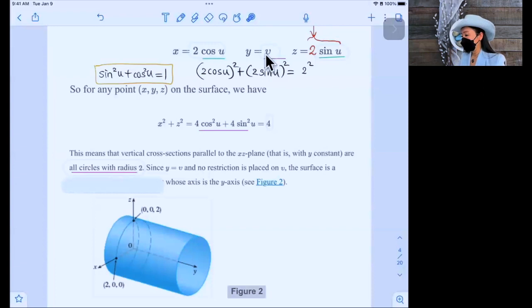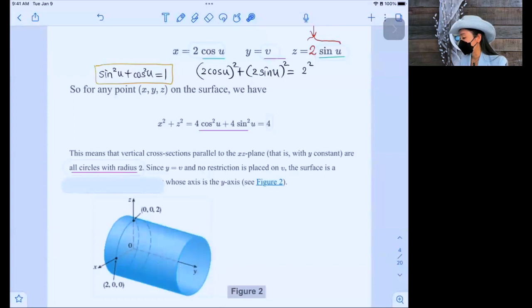There's no restriction on this v, we don't restrict this v over here. So y can take on any real number value. That means the cross section here will be a circle, and for each different y, you're going to get a circle.